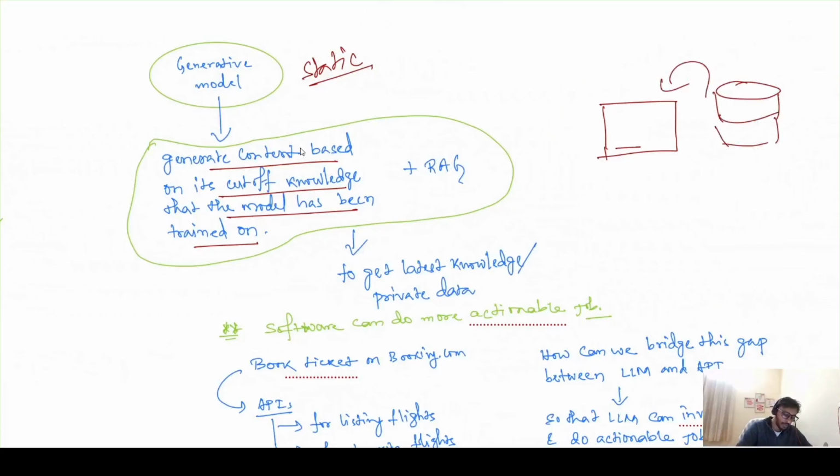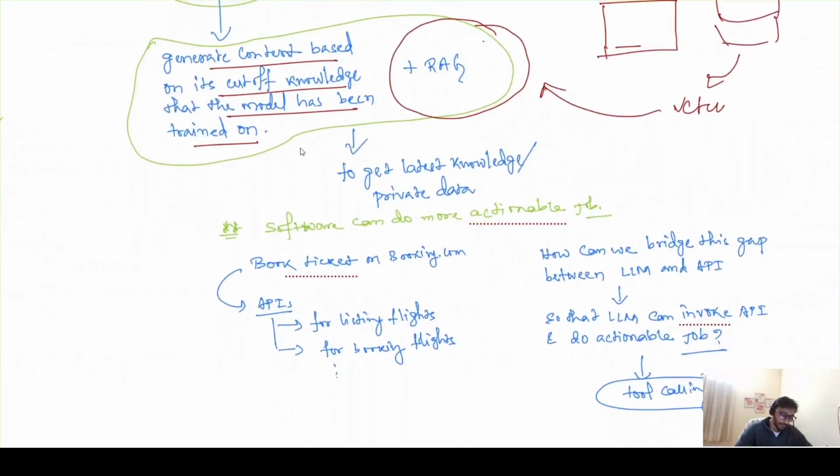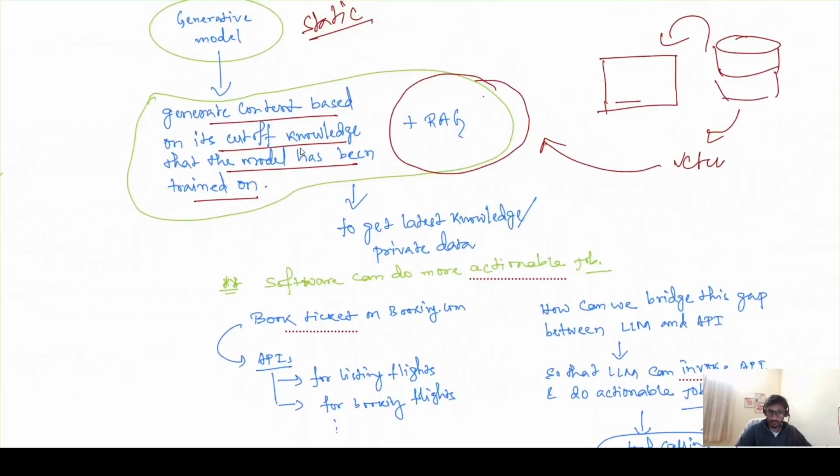So how can you incorporate this? Either you can go ahead with retraining your generative model, but that would be too costly. So there is another approach which is RAG. You can implement RAG, where you store your latest data in a vector database, and then you retrieve the relevant documents from the vector database to answer the question and send it to the user. But still it cannot do any actionable job.